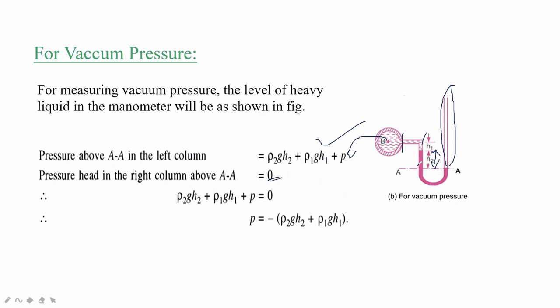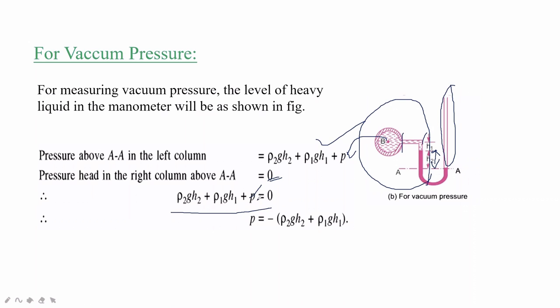So we consider both in the left column only, that too above the datum line. When we equate, what happens? rho 2 g h2 plus rho 1 g h1 plus P is equal to 0. So one side becomes 0. What we want is the pressure.